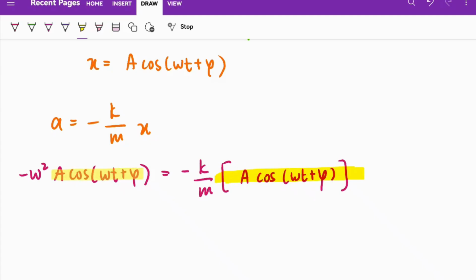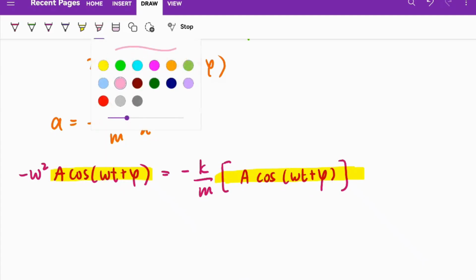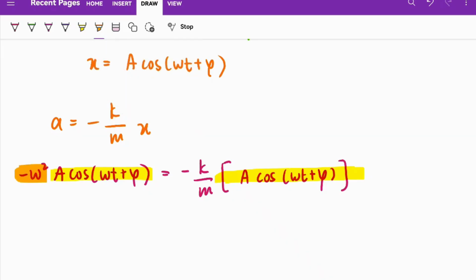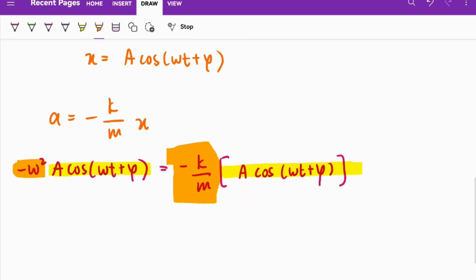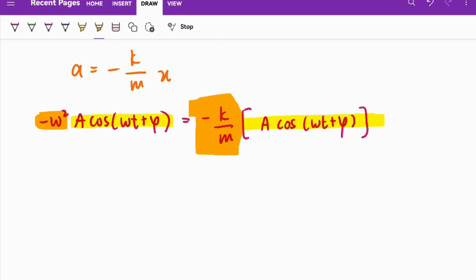So now when you compare, negative omega square is actually negative k over m. Remember we discussed that negative k over m is a constant, right? Now as we compare, we realize negative omega square is equal to negative k over m.